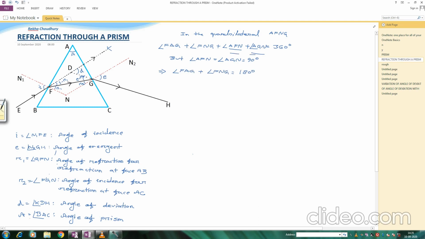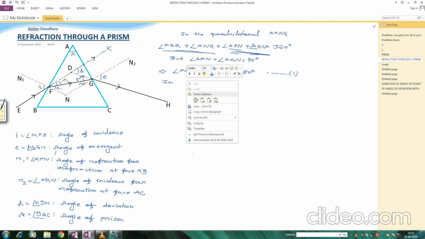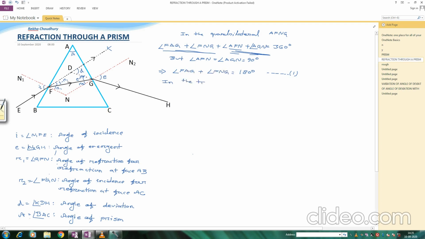As these 2 angles are 90 degrees and 90 degrees, the sum of these 2 angles will be 180 degrees, so the sum of the other 2 angles will also be 180 degrees. Write this as equation number 1. Now again in the triangle FGN, the sum of the 3 angles will be 180 degrees.